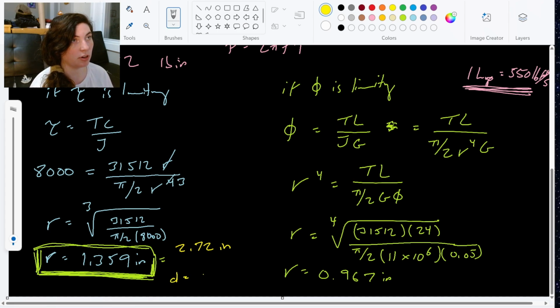So the diameter for our shaft would be 2 3/4 inches. You'll see it listed like this as opposed to 2.75, right? It's 2 3/4 inches.